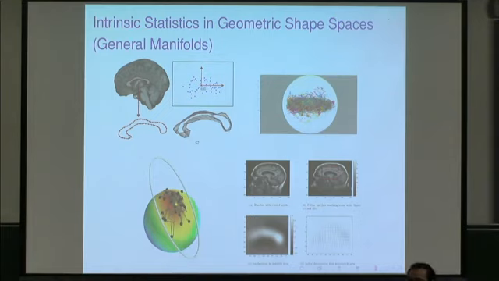What I'm interested in today is trying to do statistical analysis and understand how we look at a collection of images and a collection of data, not just a single object and a single image.